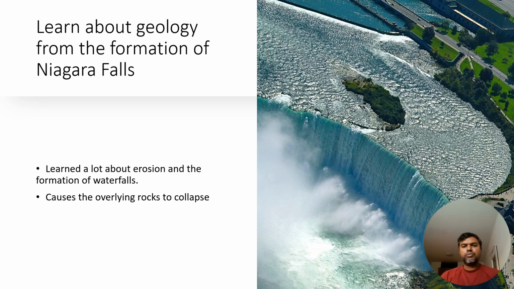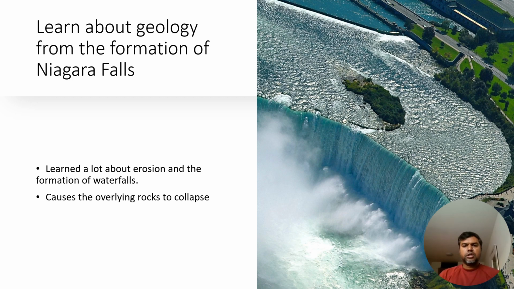This erosion is caused by the force of water and its action on the underlying rock. The rock at the top of the falls is hard, but the rock underneath is softer and erodes more easily. This causes the overlying rock to collapse, which results in the falls moving backward.